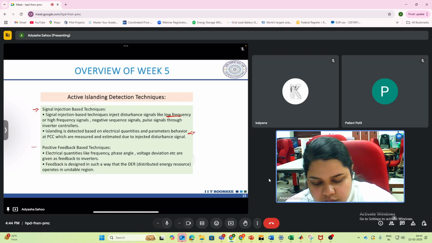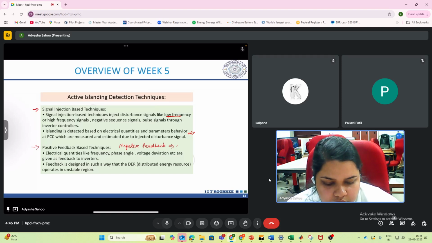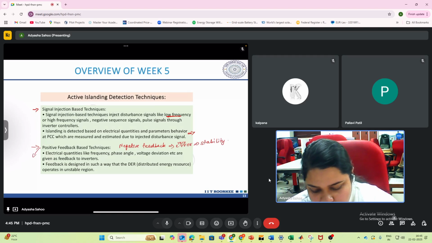And in the positive feedback technique, if you remember, negative feedback in a control system will always minimize the error and lead to stability, whereas a positive feedback based technique will drive the system to instability.